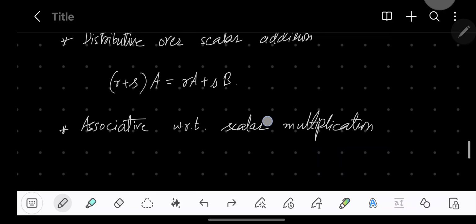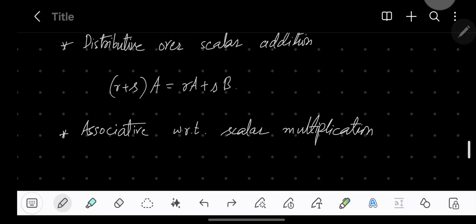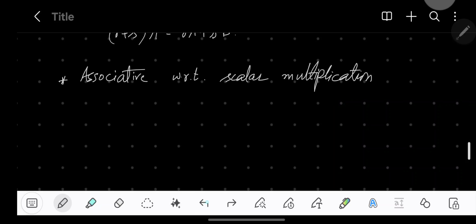The next property is associative with respect to the scalar multiplication. What is meant by this? If you have two scalars and they are multiplied, what is meant by associative with respect to scalar multiplication?